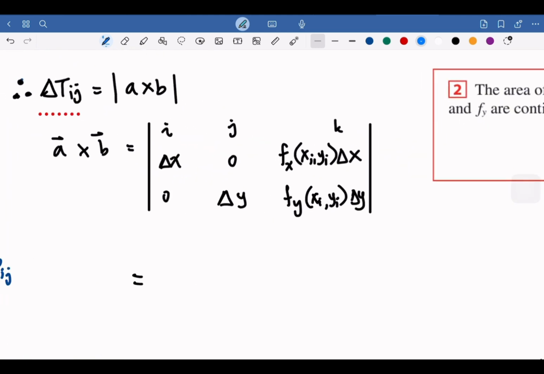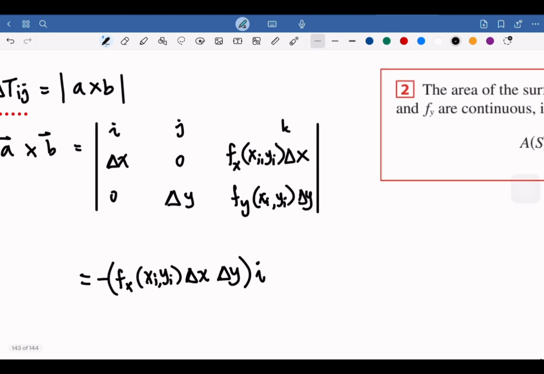So we can take this a minus, let me use a different color. So minus partial x and then delta y, because 0 minus that, and this should be the i, and then another minus, right?